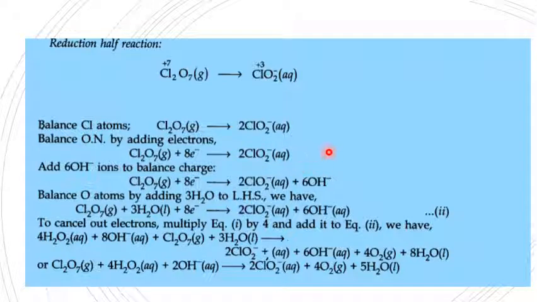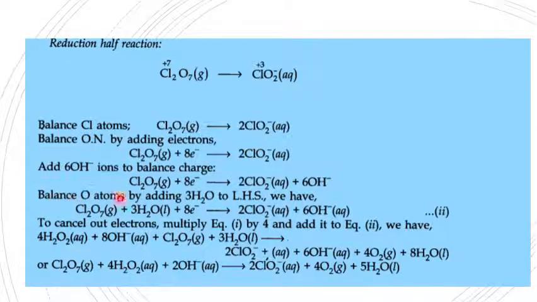So you are still lacking 6 units of negative charge on your product side. So you will add that many OH minus ions on your product side. Here you will add 6 OH minus.